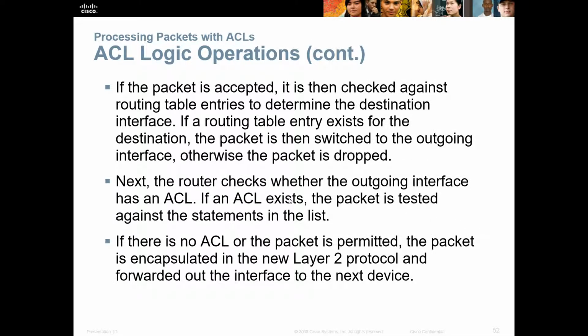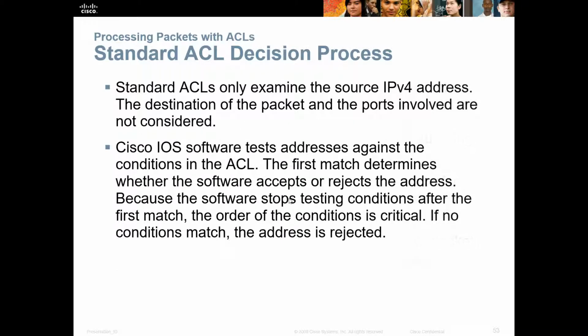If the packet is accepted, it will be checked against the routing table entry to determine the destination interface. If it is a permit, then it'll send it. If it's not permitted, then it'll block it. Standard ACLs only examine the source address, whereas extended ACLs examine both the source and destination address.